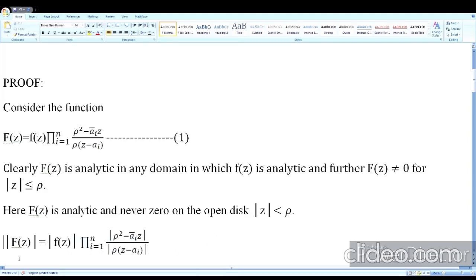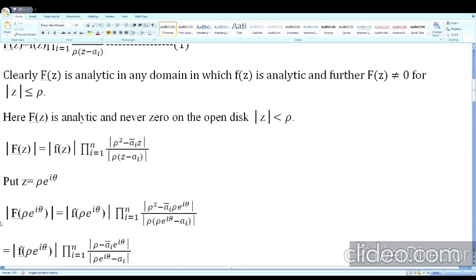Now take modulus. |F(z)| = |f(z)| times the modulus of the product. Now put z = ρe^{iθ}. |F(ρe^{iθ})| = |f(ρe^{iθ})| times the modulus of the product.